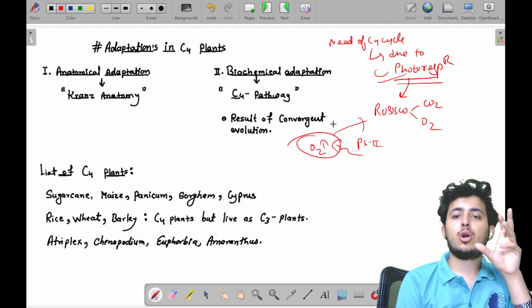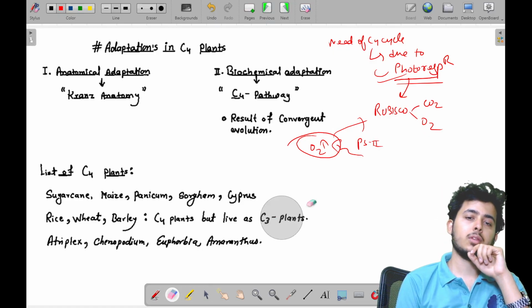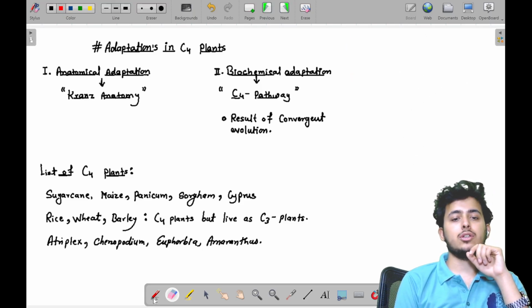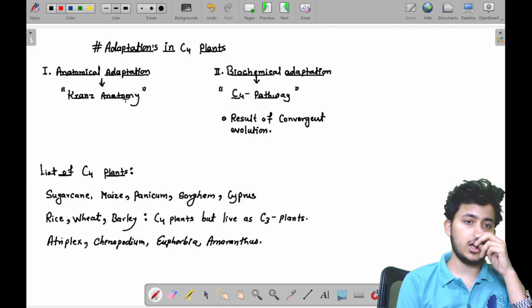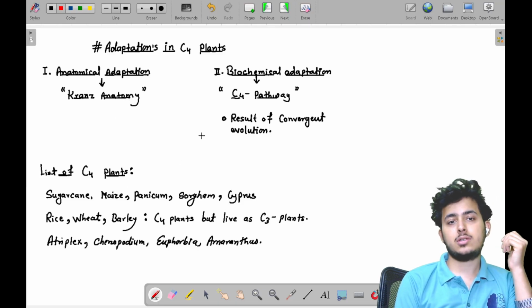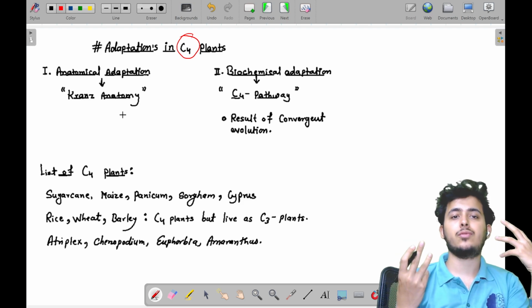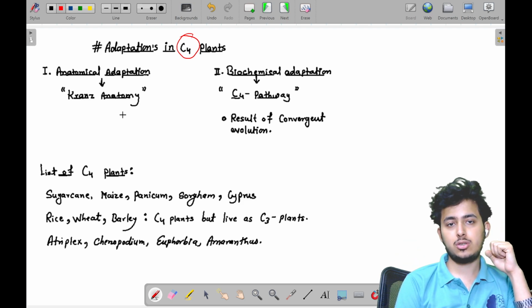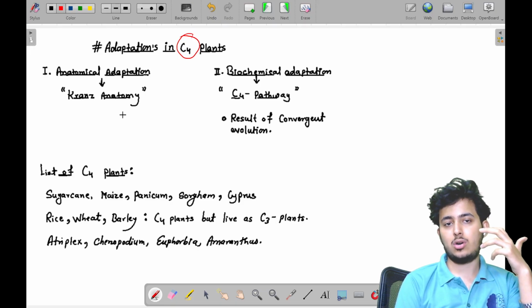To tackle the problem of photorespiration, the plants evolved some adaptations, and those plants were called C4 plants because they adapted themselves to tackle this problem and to carry out a new cycle, also called the C4 cycle.